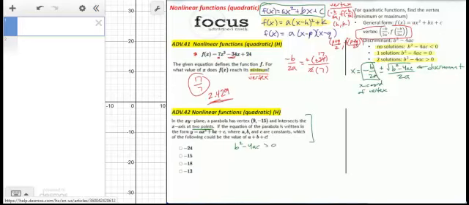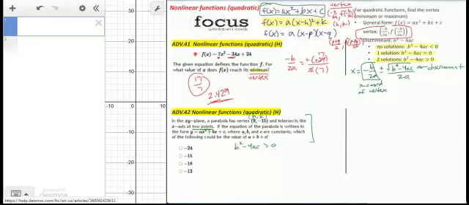Okay, so in order to check to see which of these values will work, what you would need to do is the following. We first need to find an equation of this graph in general form. So we have the vertex. This is the h value and the k value.